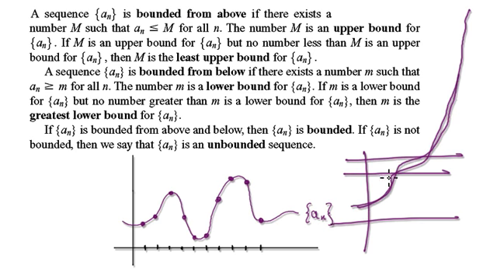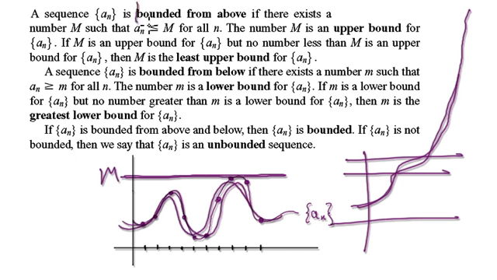The sequence goes beyond that ceiling. Here you've got a ceiling where this sequence will never go above that ceiling. It's always contained within that ceiling. So we said that this sequence is bounded from above, and the number M, that's this number here, is an upper bound for that sequence.